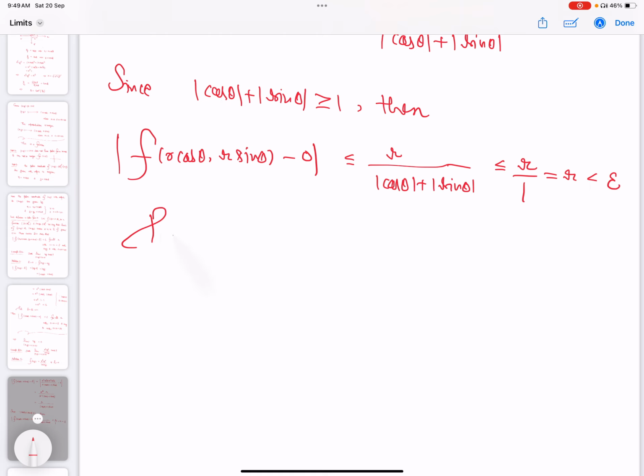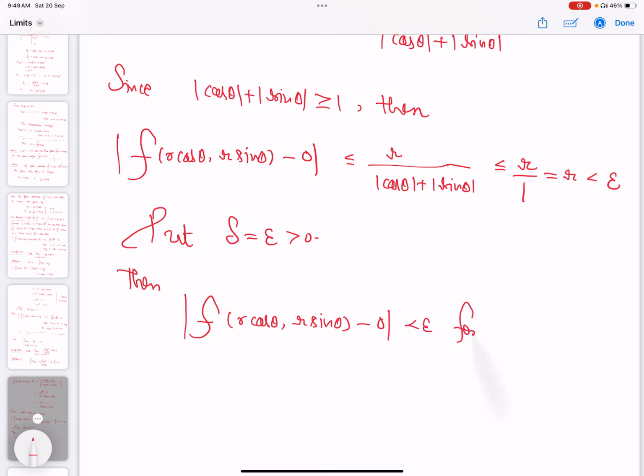What delta should I choose? Delta equal to epsilon. Then the modulus of f(r cos theta, r sin theta) minus 0 is less than epsilon for all r with 0 less than r less than delta and any theta.